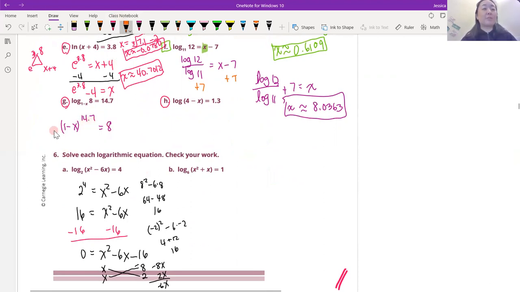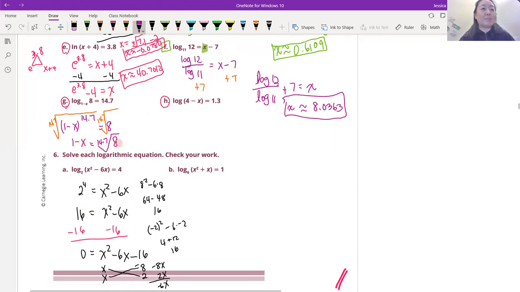So we're going to do this really weird 14.7th power, and that's going to cancel out the radical. So we're going to have 1 minus x is equal to the 14.7th root of 8.